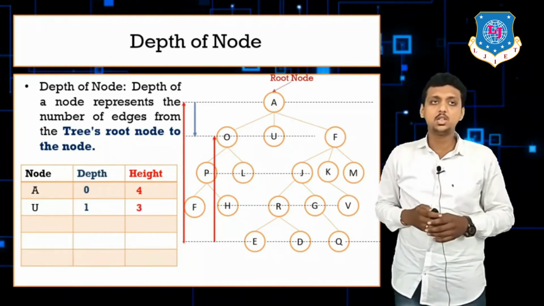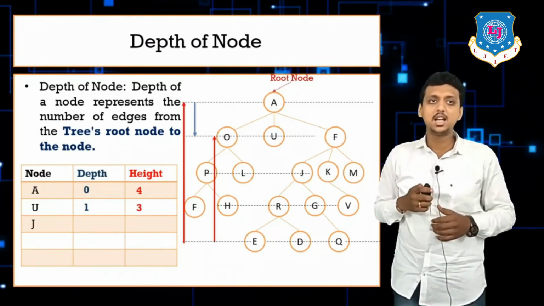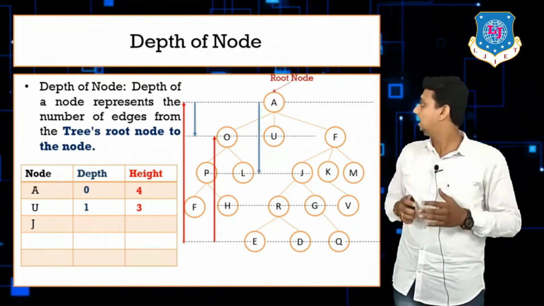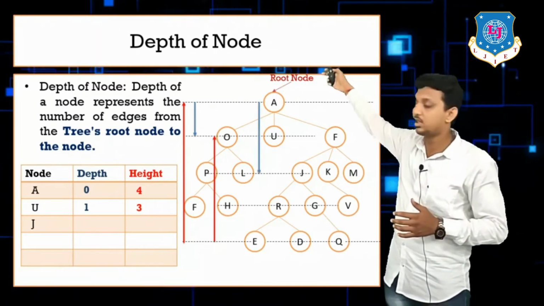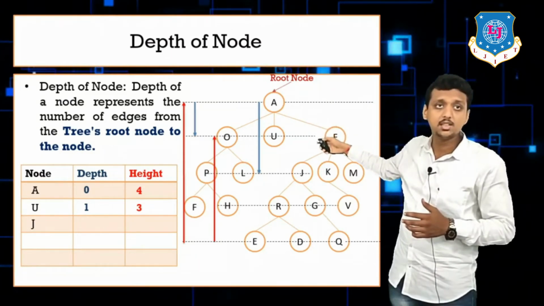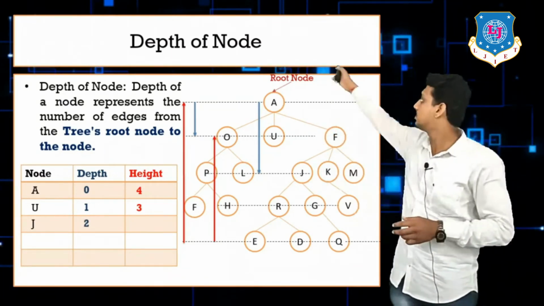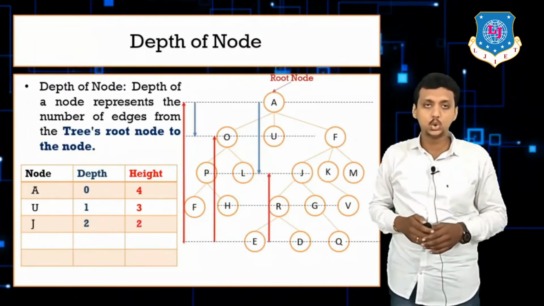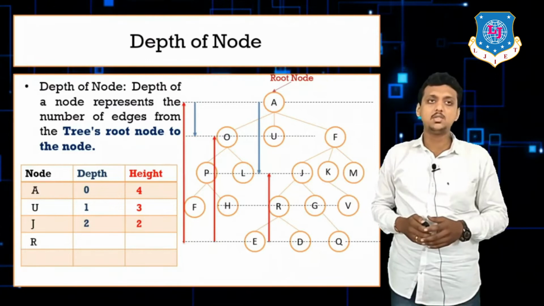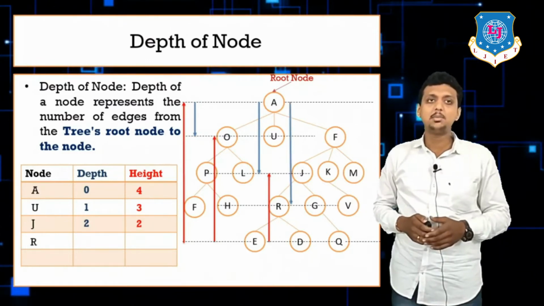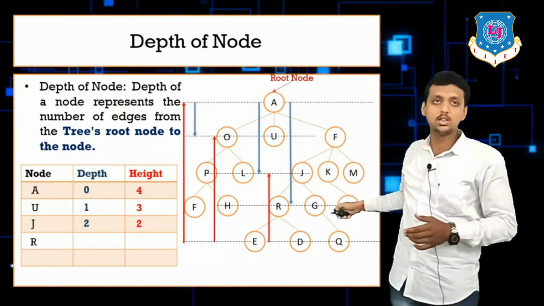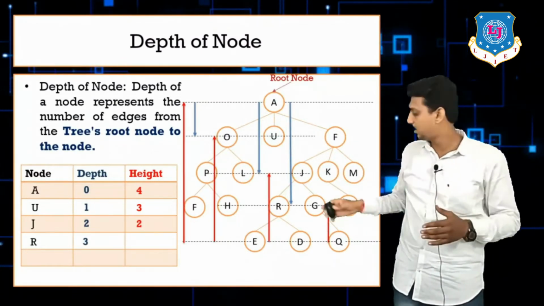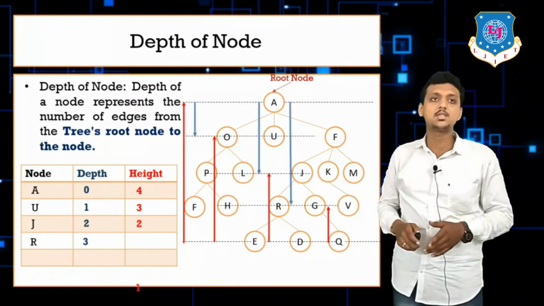The next node that we have is J. For J, the depth is 2 (0, 1 and 2) and the height is also 2. Now the next we have R. Depth is calculated from top to bottom, so that is 3, and height is calculated from bottom to top, that's why it's 1.